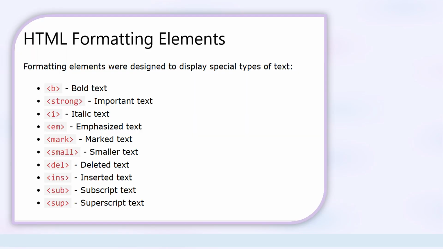HTML formatting elements. There are many formatting elements which we use in our HTML document for displaying special types of text. First one is the b element, which means bold text.